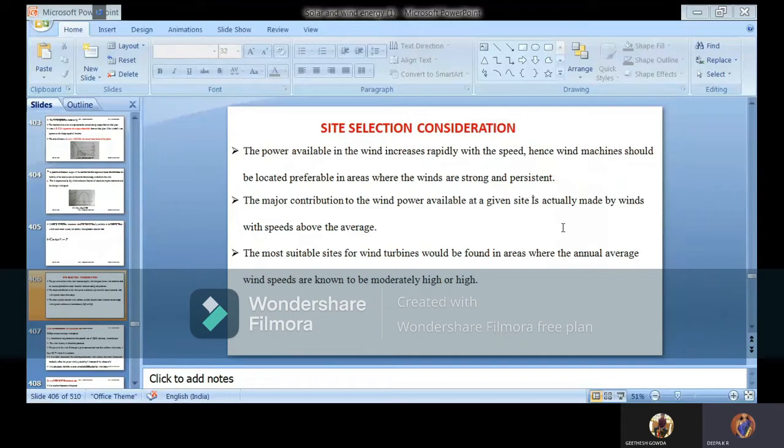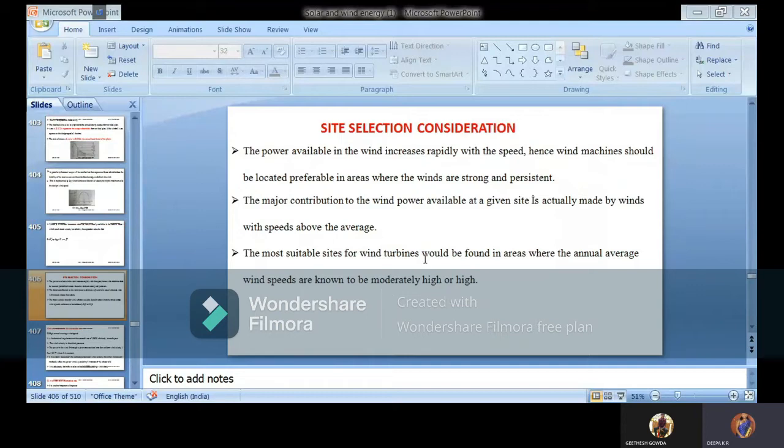When you are going for it, you have to see the place where you have the required wind speed, which should be more than the actual calculated or designed system. Then the most suitable sites for a wind turbine would be found in areas where the annual average wind speeds are known to be moderately high or very high.